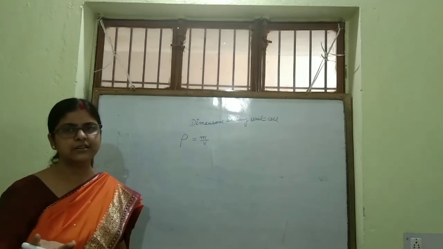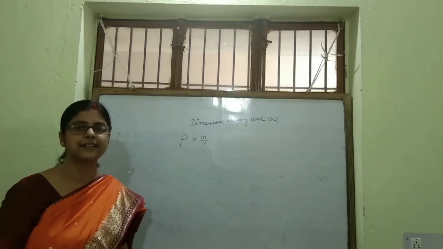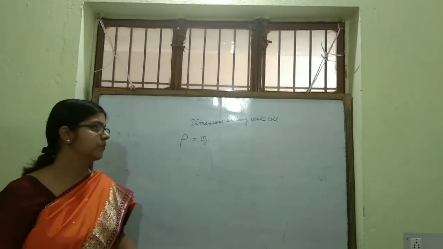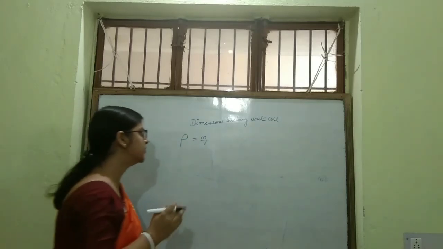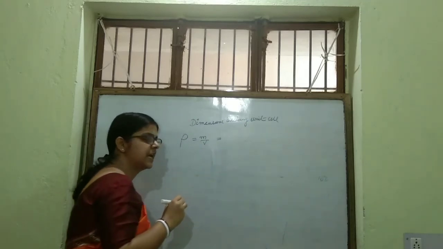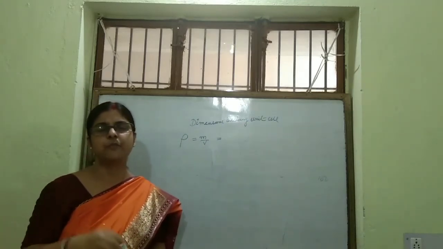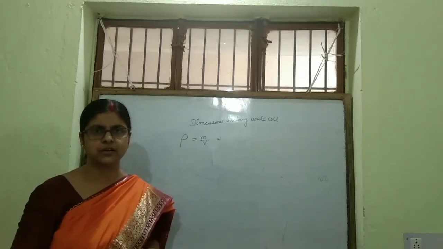All of us have learned that the volume of the unit cell, which we regard as a cube, is a cube. But for mass, what will you write? For the mass of the unit cell, we'll have to find out the mass of atoms present in the unit cell.